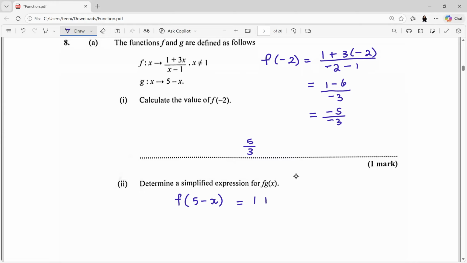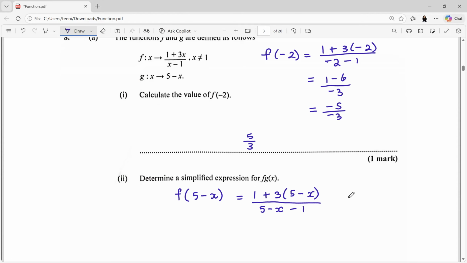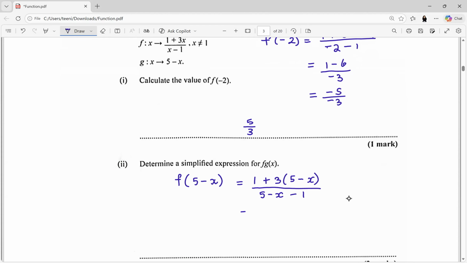So 1 plus 3 times 5 minus x, all over 5 minus x minus 1, right? Simplifying this, you'll get 1 plus 3 times 5 is 15, and 3 times minus x is minus 3x, all over 5 minus x minus 1. So 5 minus 1 is 4 minus x.